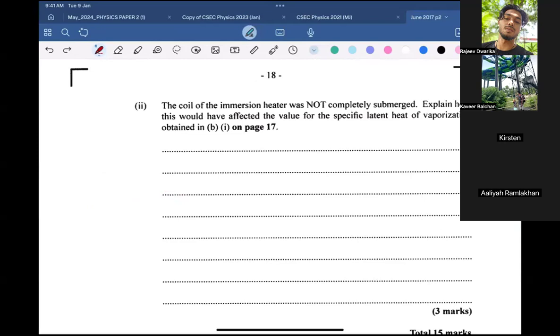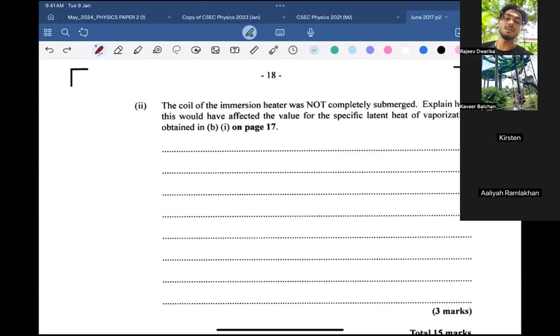If you don't fill it all the way, and the water is not reaching the coil, will the water get hot? It'll get hot, right? But do you think it will heat up as fast as it should?